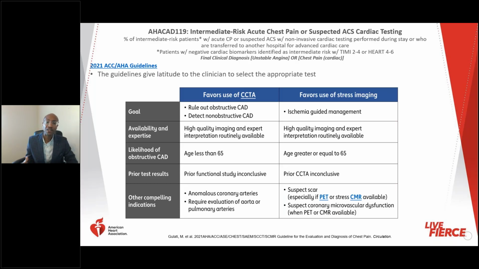For referring patients for stress imaging, with the use of treadmill stress tests, PETs, or stress CMR, understanding the limitations and contraindications of those individual tests will help guide the direction for what would be the best test. And so in patients who are intermediate risk, it's incredibly reasonable for them to be referred for additional testing to further stratify them.